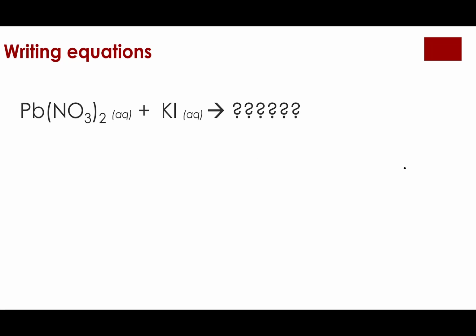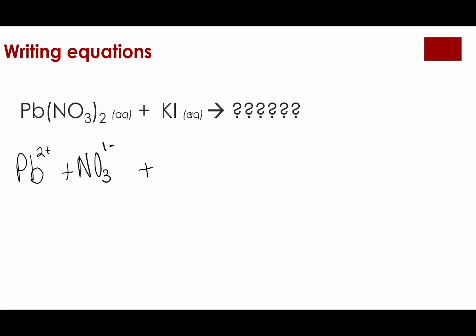So the first thing that we need to think about is what ions we have present. So when I look at lead nitrate, if it is an aqueous solution, it's dissolved in solution, it's going to be lead ions and nitrate ions floating around, right?